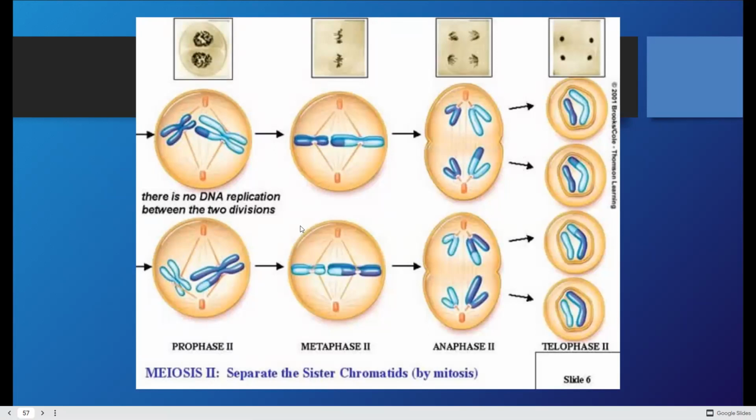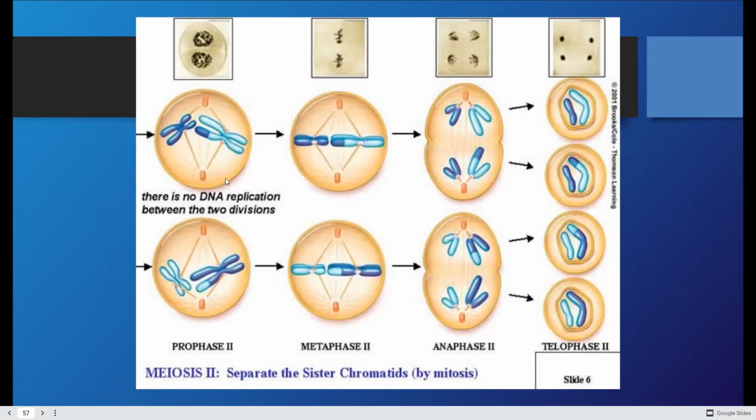And after which, it will align at the center. Sure, why is it 2? Remember your meiosis 1? Your meiosis 1 produces 2 daughter cells. So these are the 2 daughter cells.